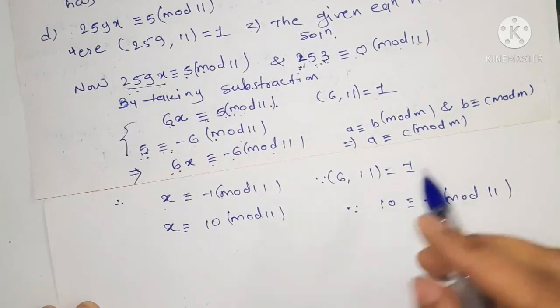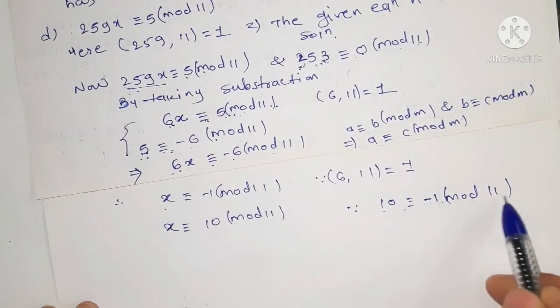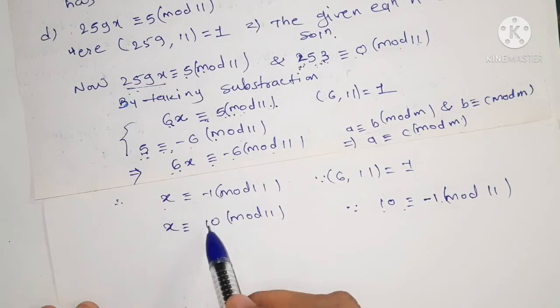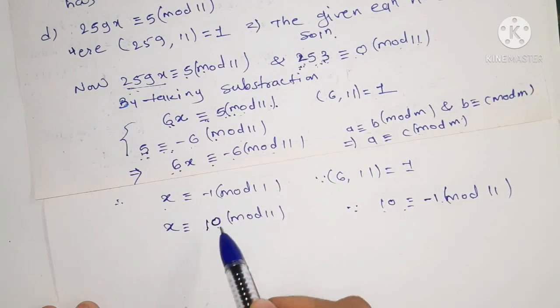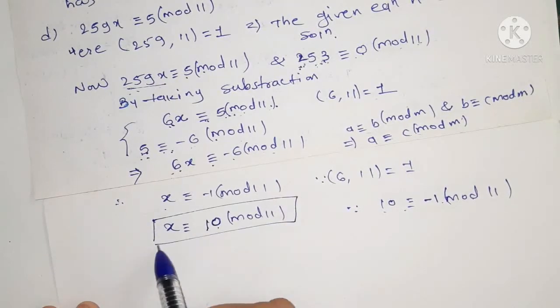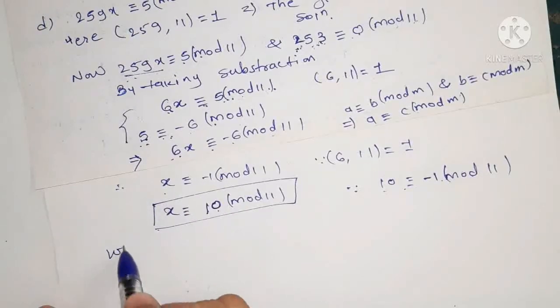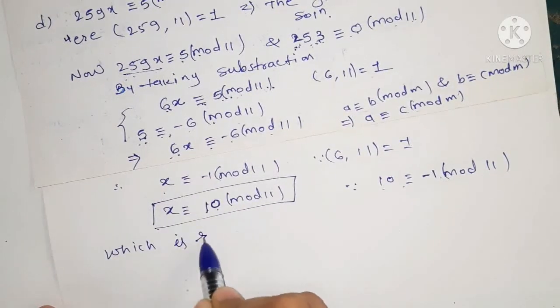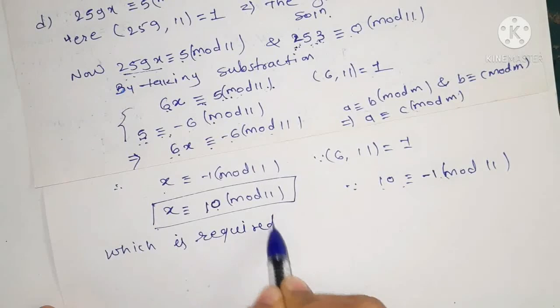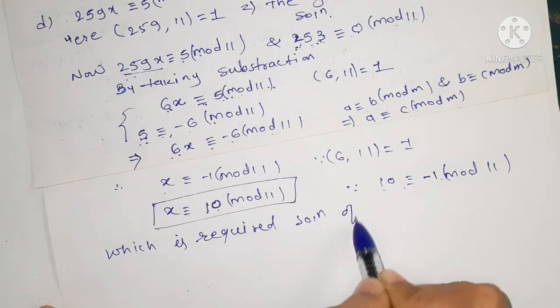So we can write minus 1 as congruent to 10, and thus we get the required solution of the given equation.